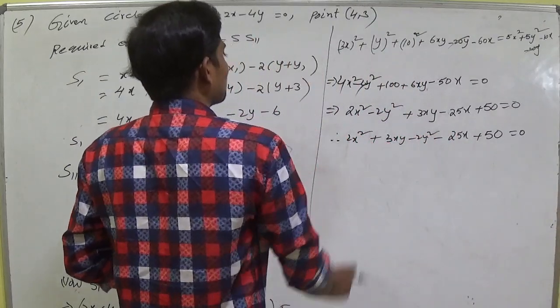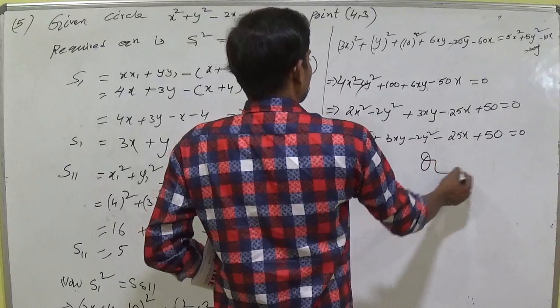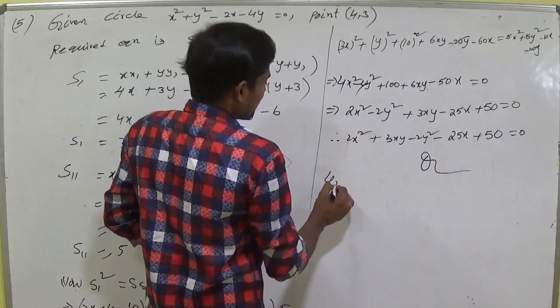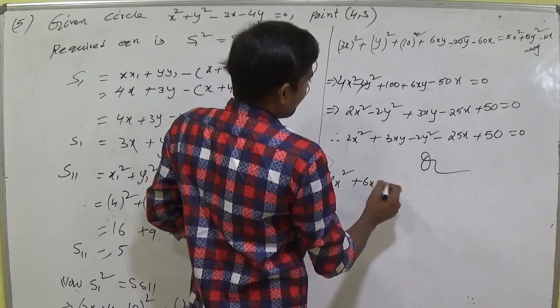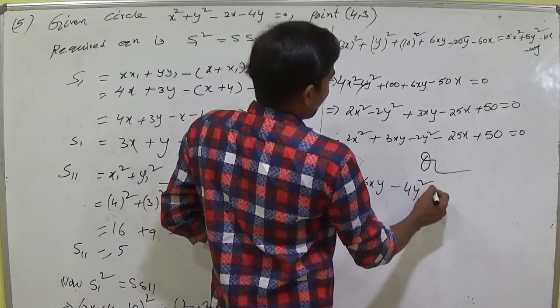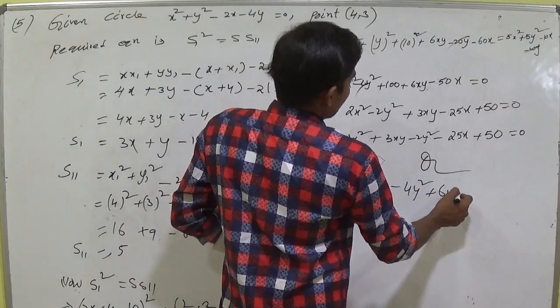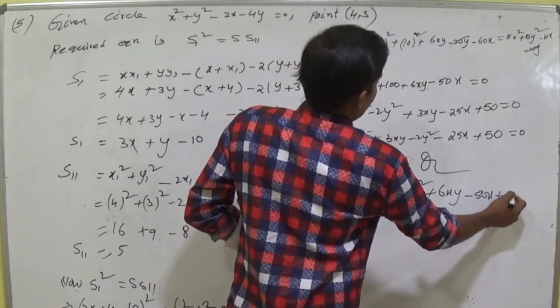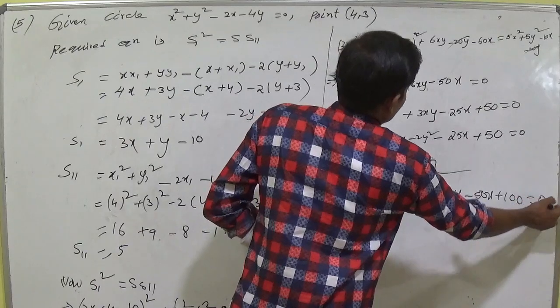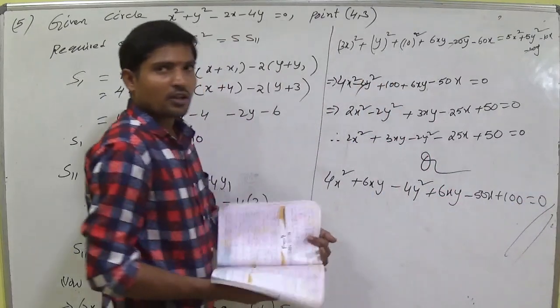Otherwise, 4x square plus 6xy minus 4y square minus 50x plus 100 equal to 0. Either one is correct.